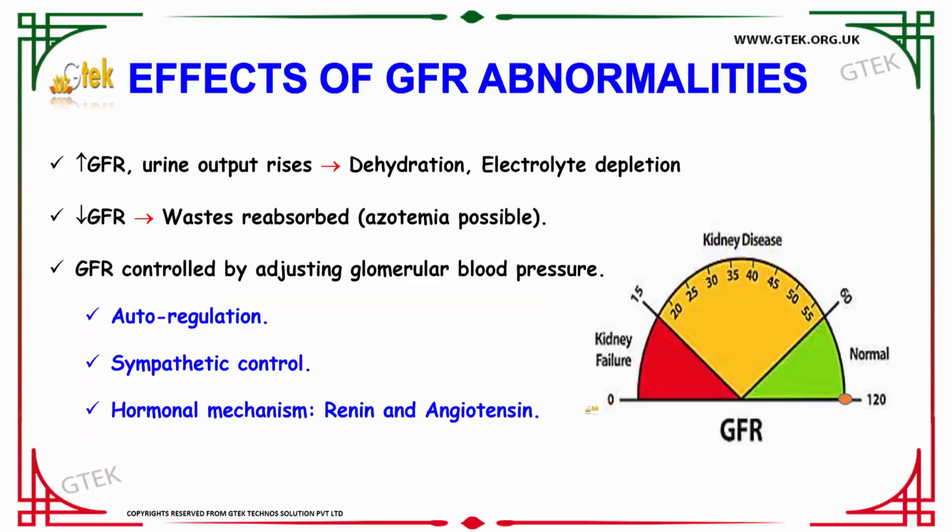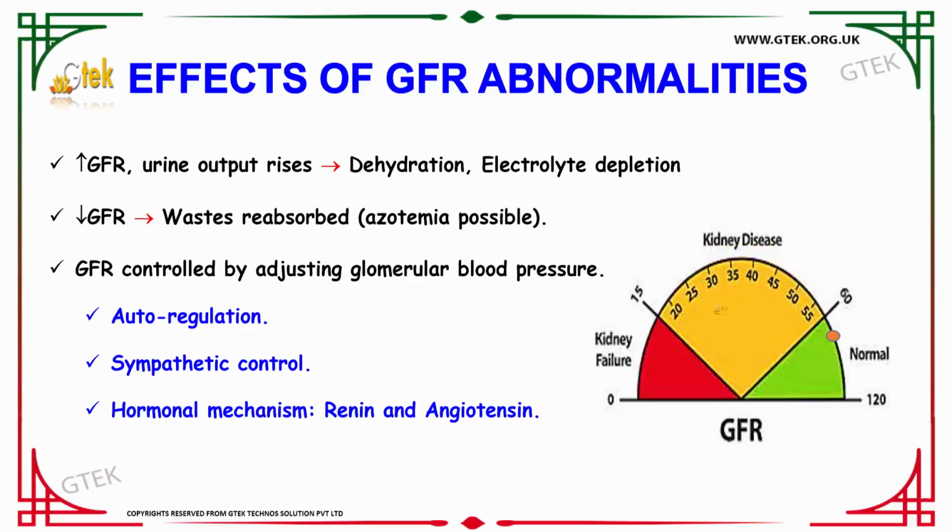If your GFR is around 60 to 120, then the GFR is normal. If your filtration rate is between 15 and 60, it indicates that your kidney has been affected by some disease.